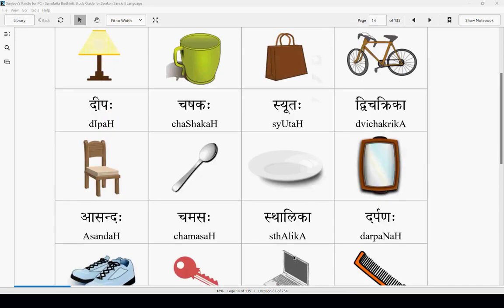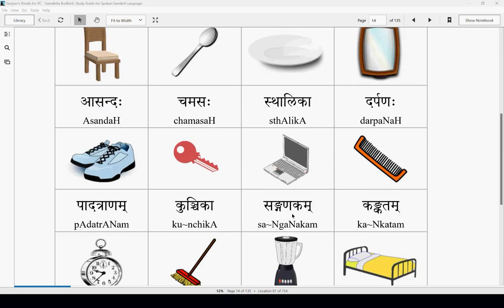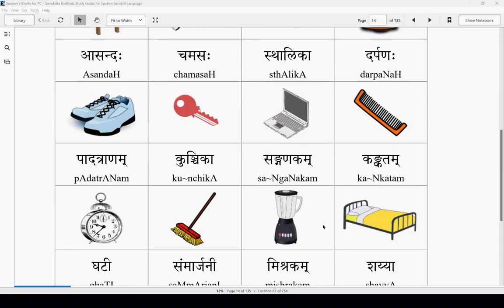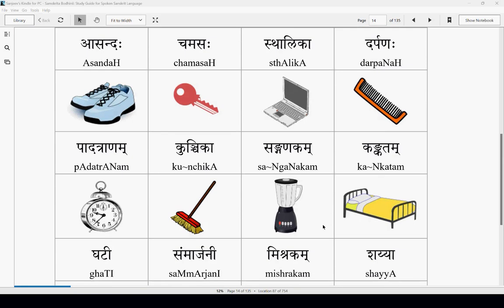Now there are other words also which are ending differently here, like Padatranam, Sanganakam, Kankatam. The lingam of these is neuter, or Napumsaka lingam, or neuter gender. They are neither Pullinga nor Strilinga.